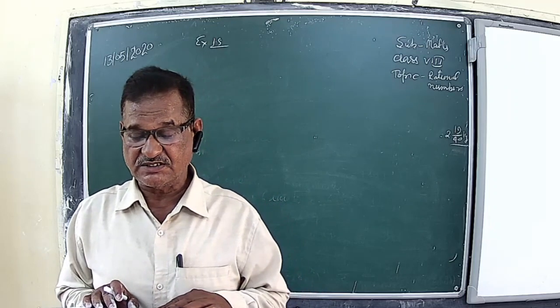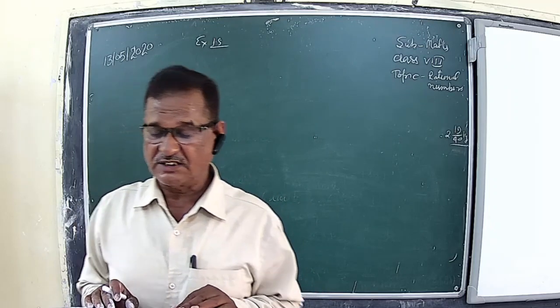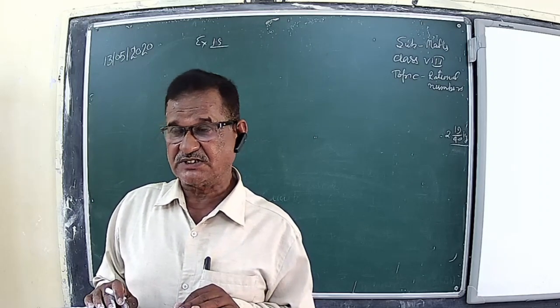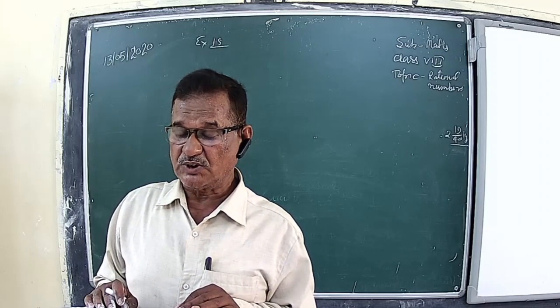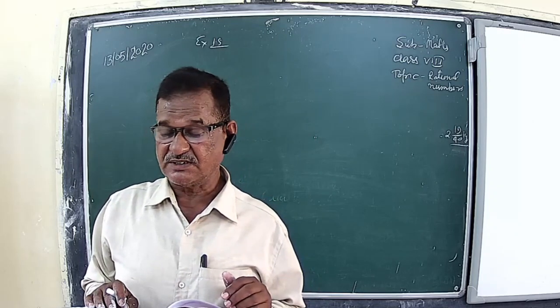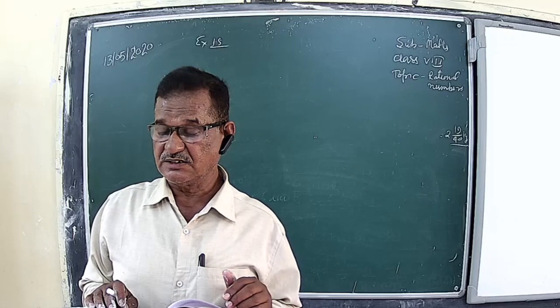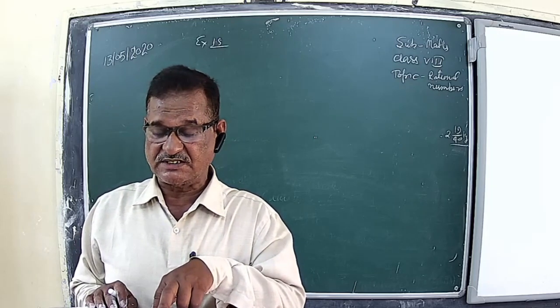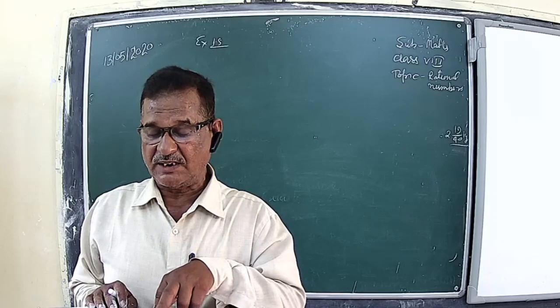The additive inverse of minus 12 upon minus 5: this is positive, that is equal to 12 by 5. So its additive inverse is minus, that is the first answer, which is correct, 12 by minus 5.